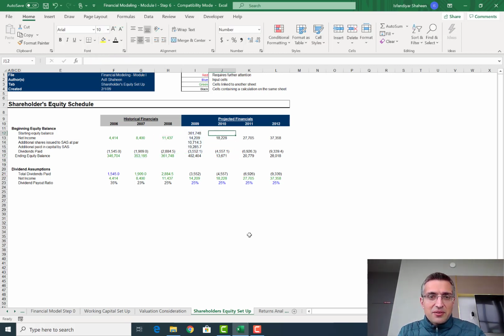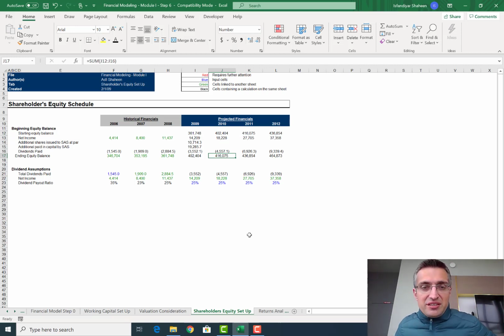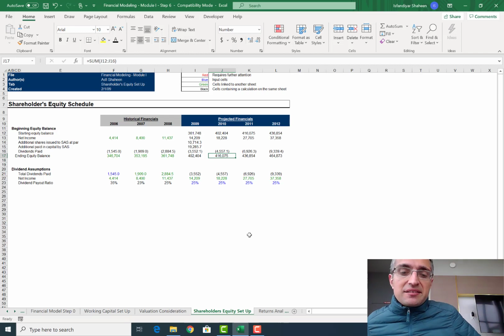And then similarly, now we have the right starting and ending equity balances, because I had calculated the change in equity, not the balances.